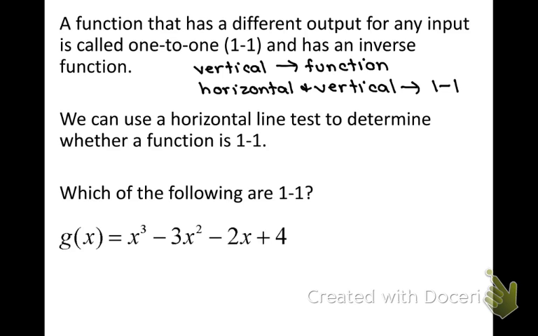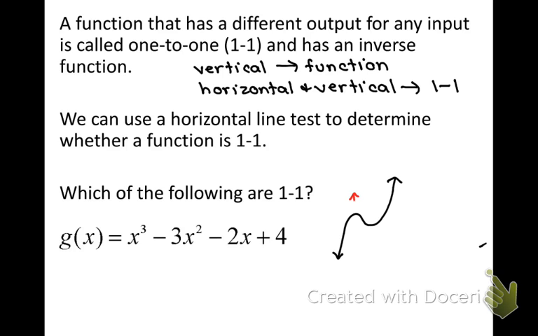Okay. We want to decide if g of x equals x cubed minus 3x squared minus 2x plus 4 is a one-to-one function. This is a cubic graph, so we know that it's going to have that snake shape to it. Previously we would have just asked, is this a function?